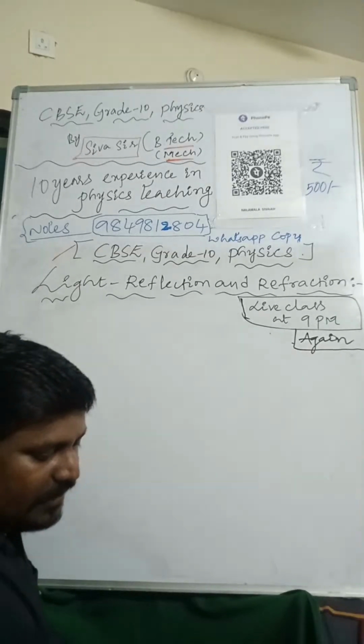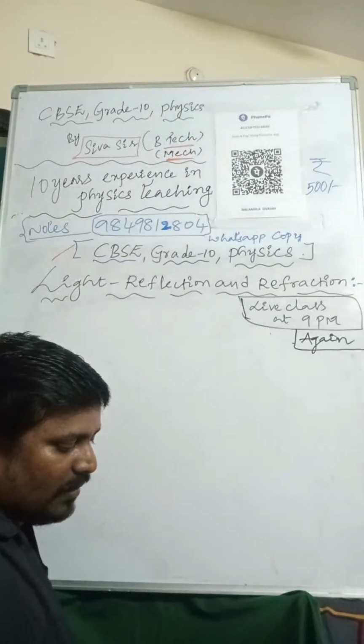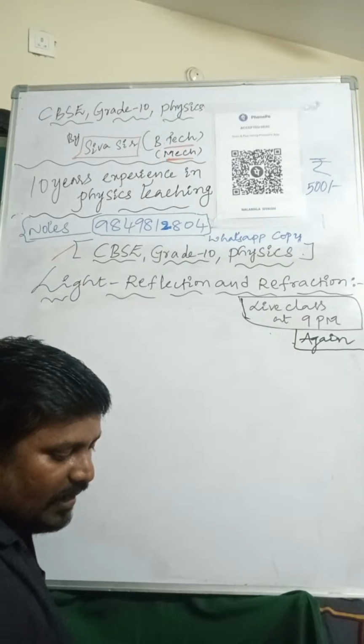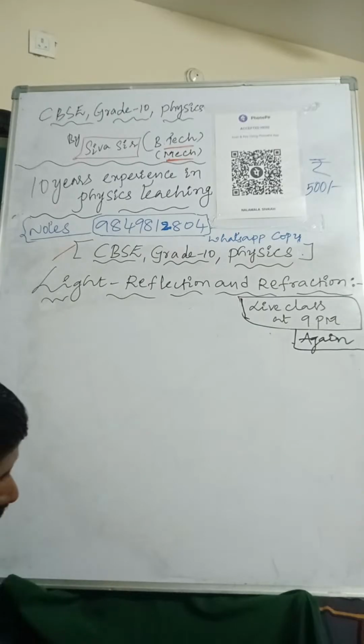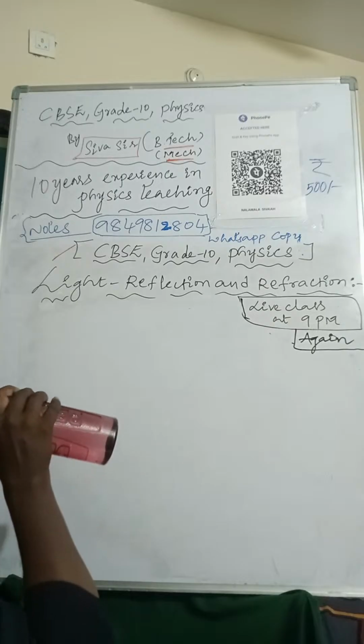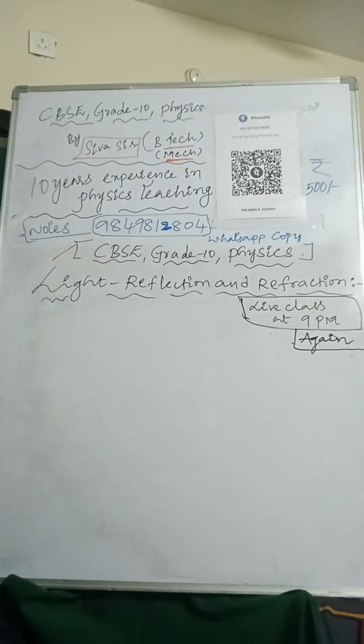So we'll go to the next example: total internal reflection. What are the examples for total internal reflection? Can anyone say? The shining of an empty test tube kept in water, with an air bubble, and a test tube coated with.